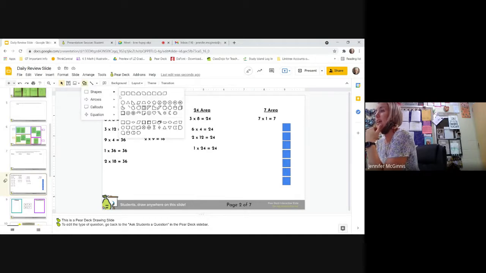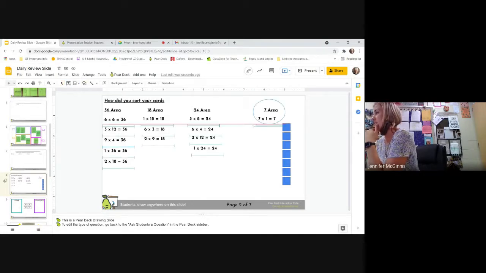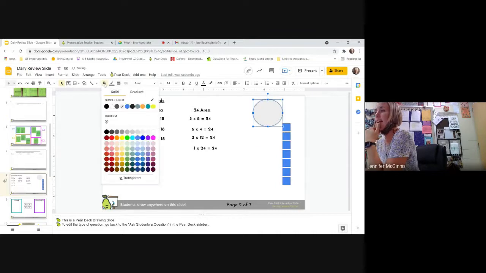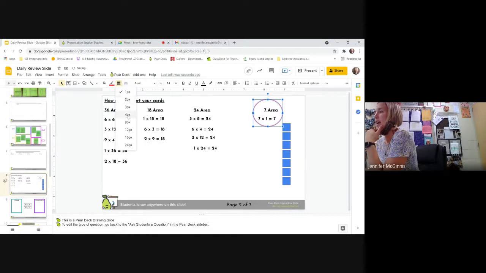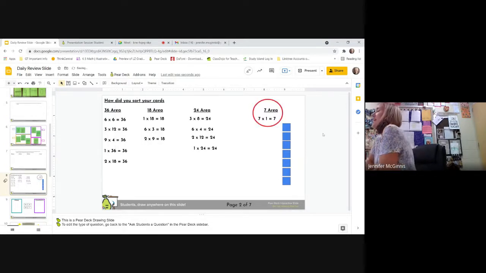This number right here, 7 area, is called a prime number. That means that it can only have one complete rectangle.